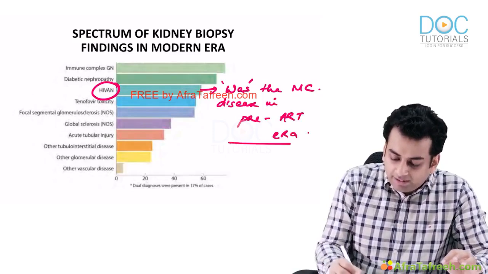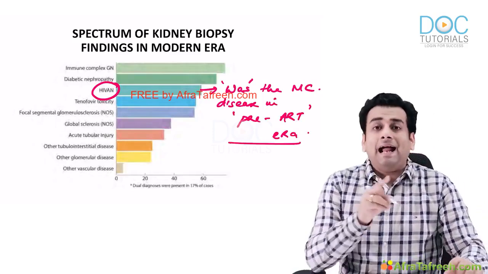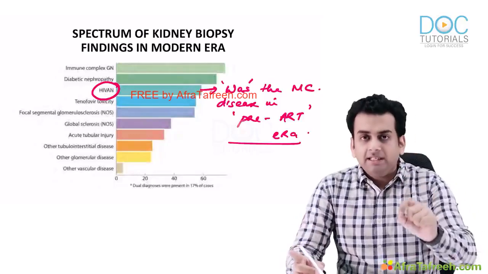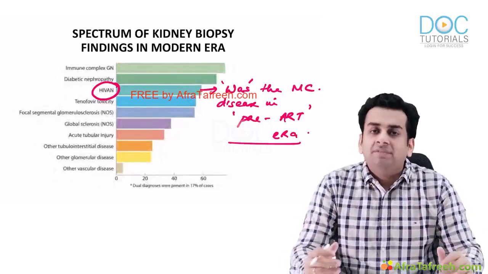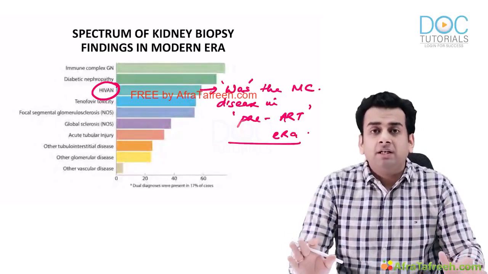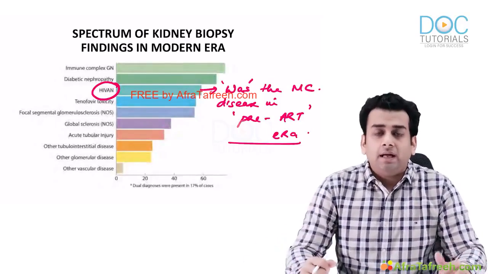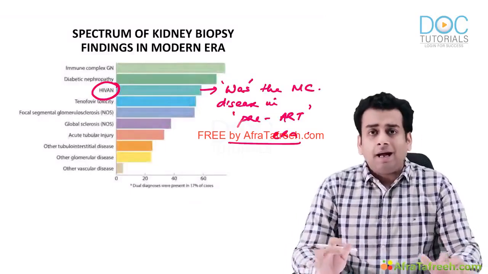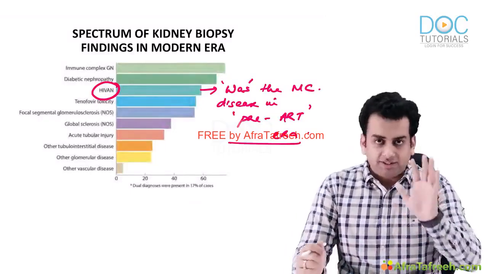By pre-ART, I mean pre-antiretroviral therapy era. But ART is almost now available everywhere, that too free of cost in India by the government centers, and beautiful guidelines have been laid down by the NACO. So, HIVAN incidence has reduced drastically.